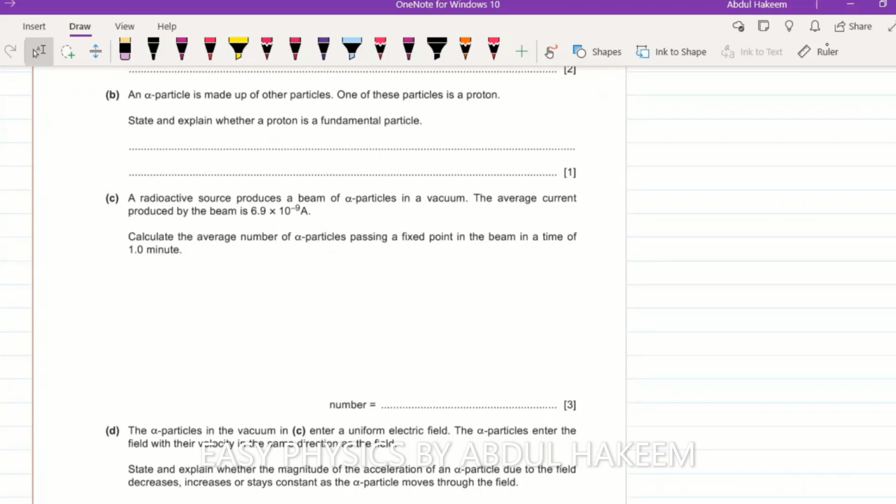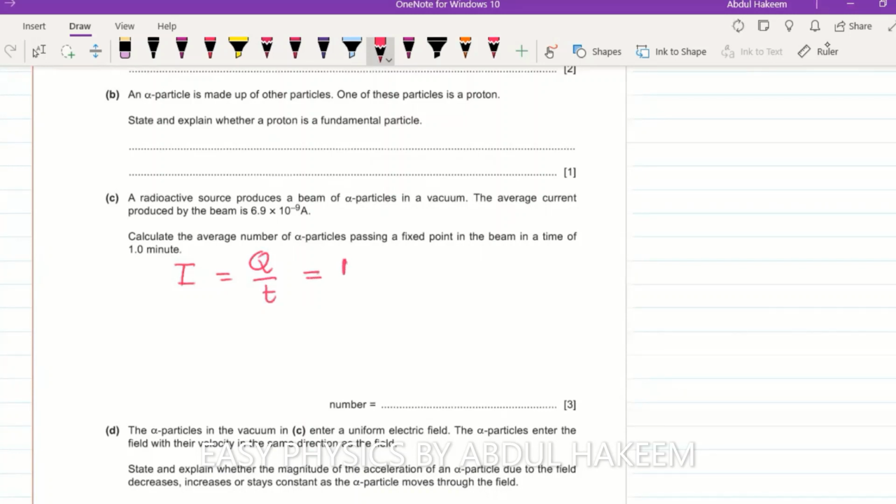Next, a radioactive source produces a beam of alpha particles in a vacuum. The average current produced by the beam is 6.9 into 10 power minus 9. Calculate the average number of alpha particles passing a fixed point in the beam in a time of 1 minute, means 60 seconds. Look, electric current is equal to charge divided by time. And the charge is due to the number of the alpha particles.